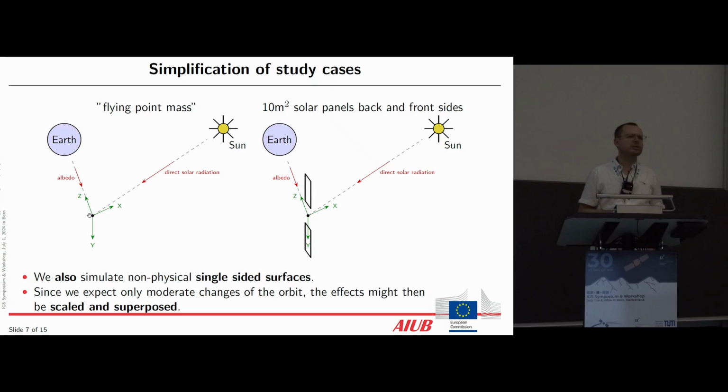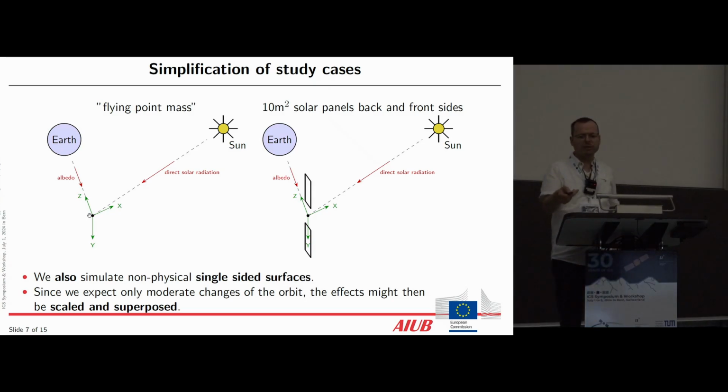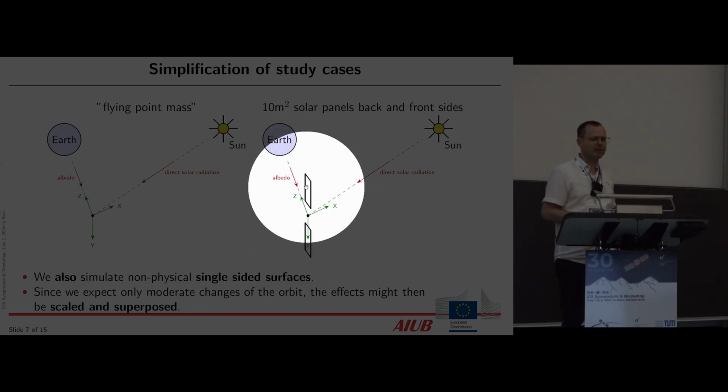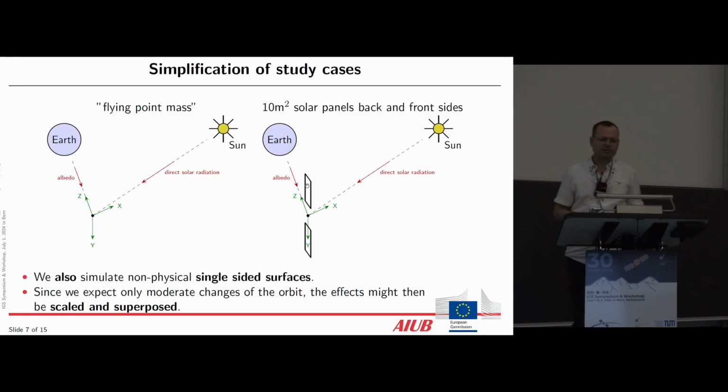And then we compare it to a second simulation. We do again the refit, but this time with one surface enabled. For example, here's the surface of the solar panels, back and front side. We also did these simulations with non-physical situations where we just simulated a single-sided surface, for example, panel front side. Since we expect these changes to be moderate to the orbit, we expect that one could also then superpose the results and also scale depending on the area.